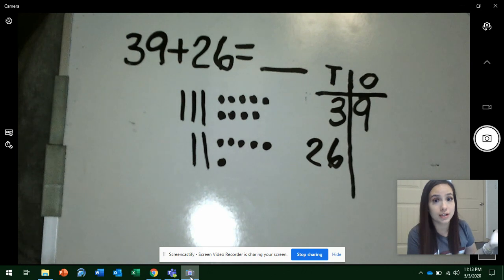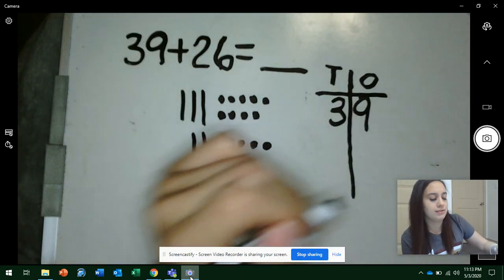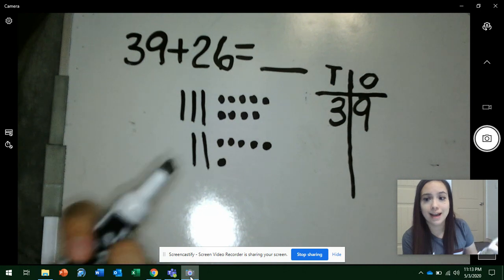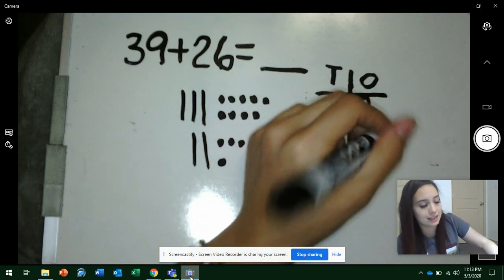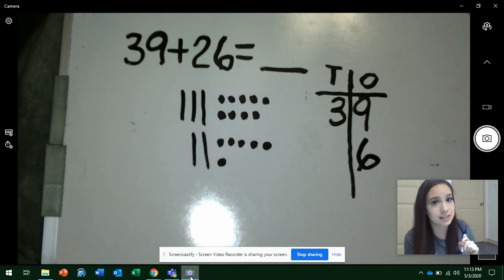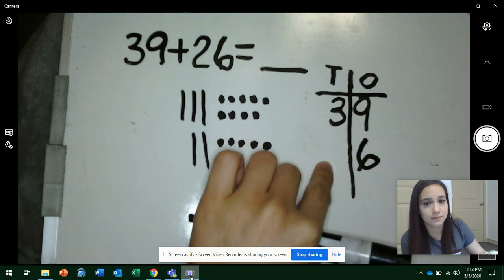It is not organized. So if I have 6 ones, my ones goes in what place? The tens or ones? Get ready? Yeah, in the ones place. So we draw the 6 there. Make sure you're doing just as I do. And my 2 tens goes in the, get ready?